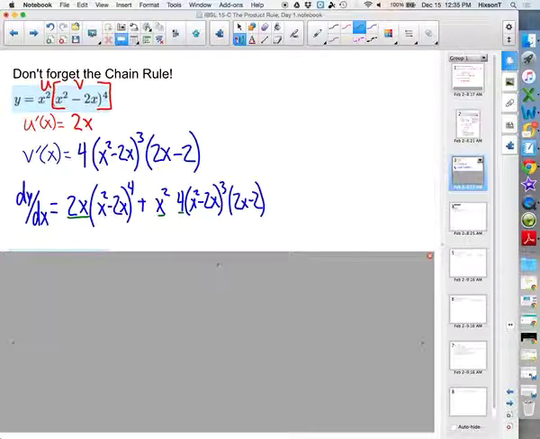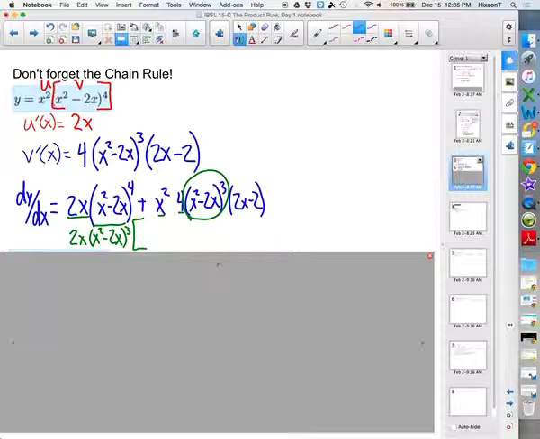There's also, look at this, an (x squared minus 2x) to the third power. So watch what happens. If I pull all of those out, I'm going to pull out a 2x times (x squared minus 2x) to the third power. Then look at what's left over.